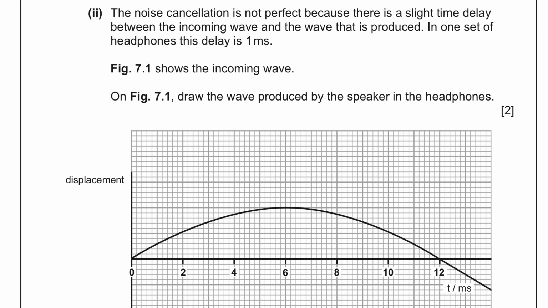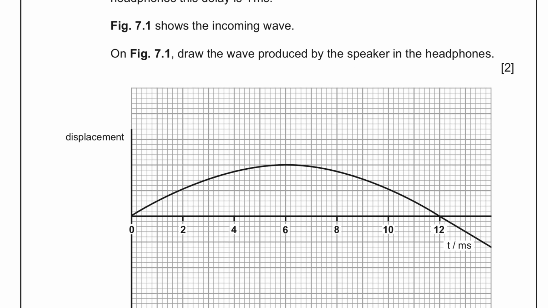Okay, so we're looking for a 1 millisecond delay. And it's also going to need to be inverted. So 1 millisecond delay means that it's going to be starting here. It's going to reach a negative peak of 2 squares 1 millisecond after the other one reaches its peak.